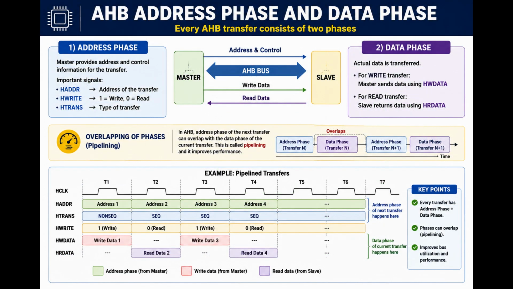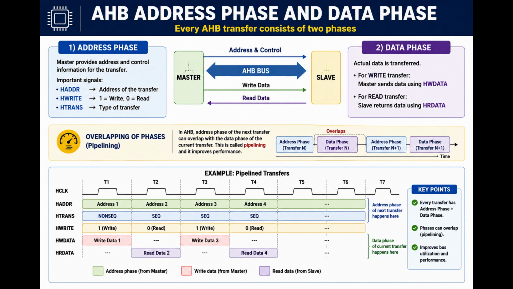Now let's understand one of the most important concepts in AHB, the address phase and data phase. Every AHB transfer is divided into two phases. During the address phase, the master provides the address and control information of the transfer. Important signals include HADDR, HWRITE, and HTRANS, which we will discuss later. During the data phase, the actual data is transferred.